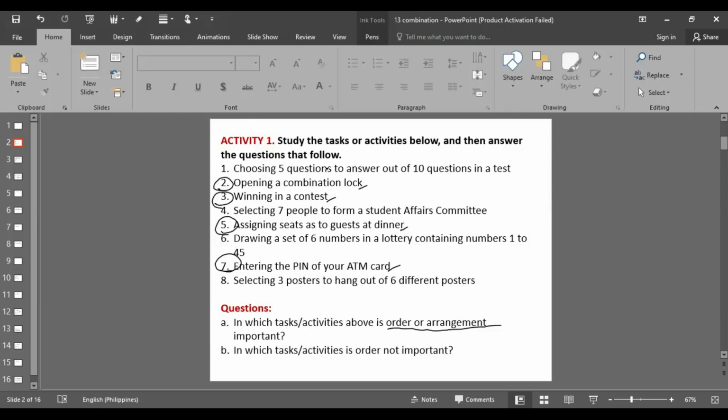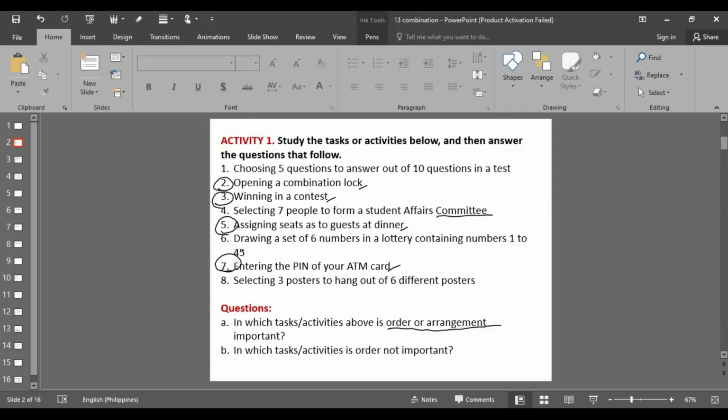Hindi naman kailangan kung alin yung unang sasagutan, alin yung ikalawa, and so on. Sa number 4, selecting 7 people to form a student affairs committee. You are just asked to select 7 people to form a student affairs committee. Hindi naman minention dyan na may president, may vice president, may secretary.